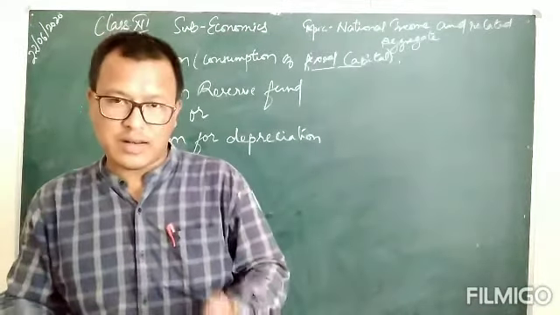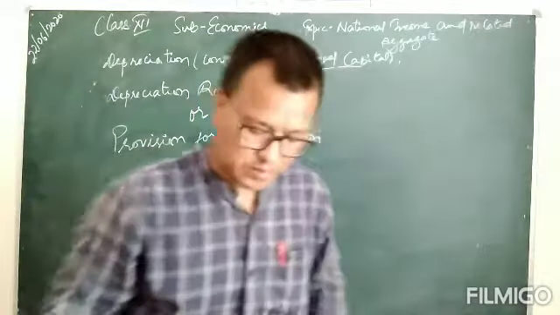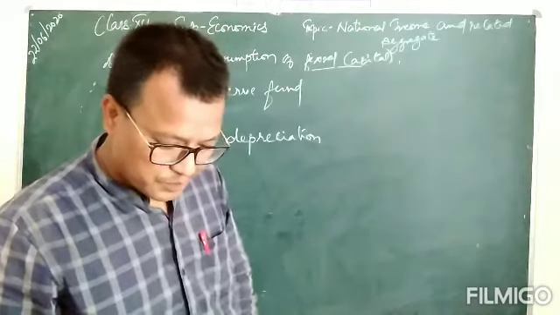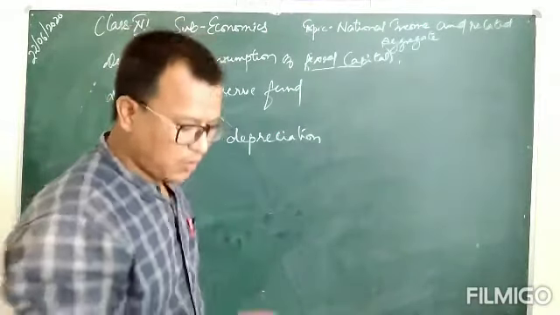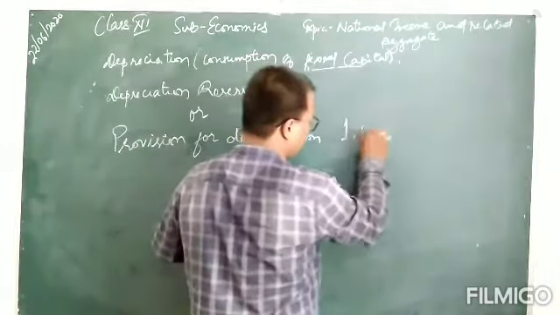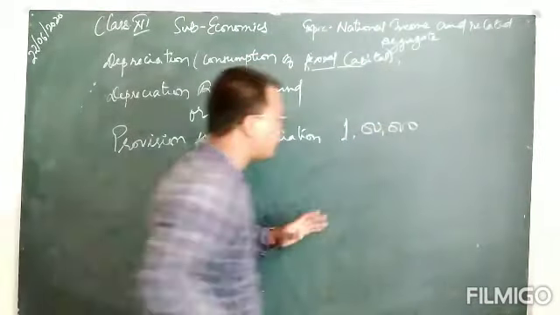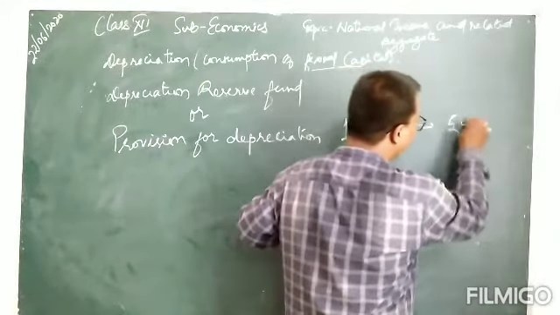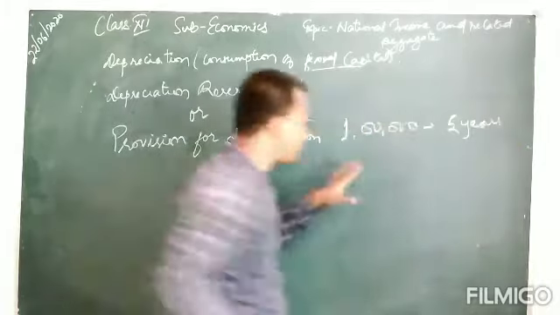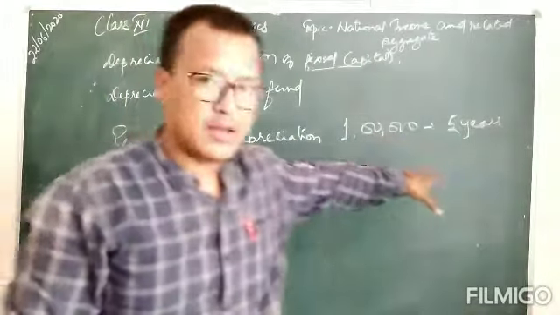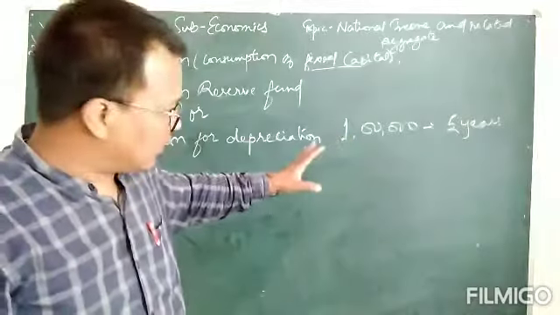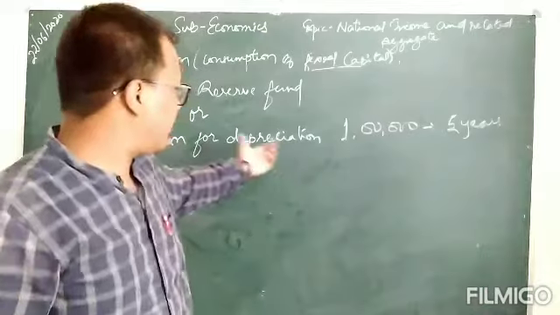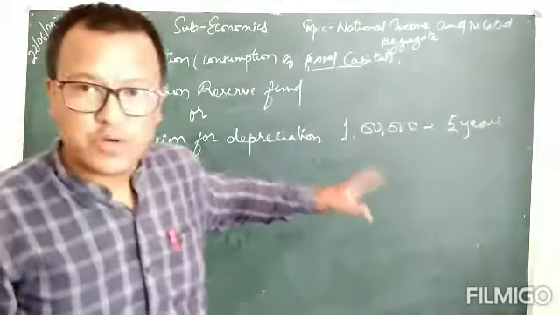For example, let's understand this with an example. A consumer purchases, let's say, an asset of 1 lakh. The time period for this asset was 5 years. Now the depreciation reserve fund or the provision for depreciation would be calculated.